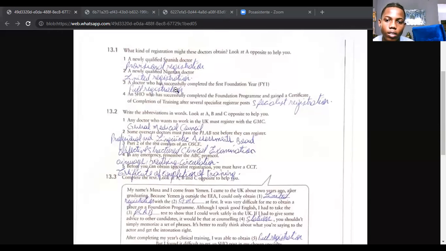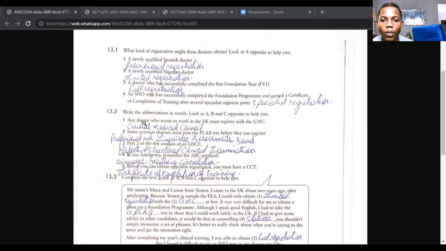A doctor who has successfully completed the first foundation year, F1, full registration. And a doctor who has successfully completed the foundation program and gained a certificate of completion of training, specialist registration.